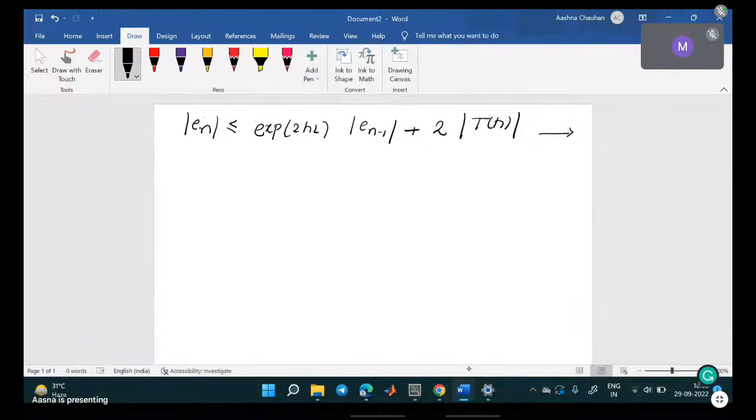ठीक है? अब इसके बाद what we did in the last class, we tried to put different values of n starting with n equals to 1, 2, 3, 4 and so on.